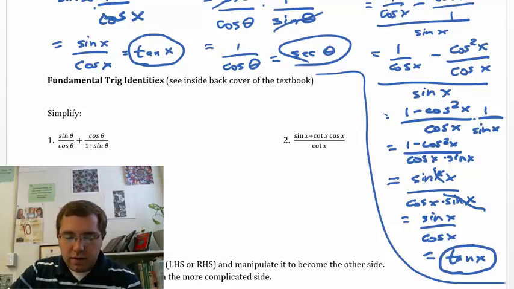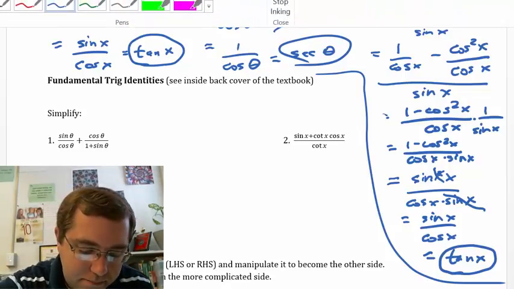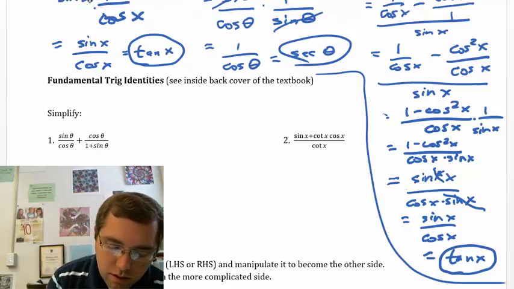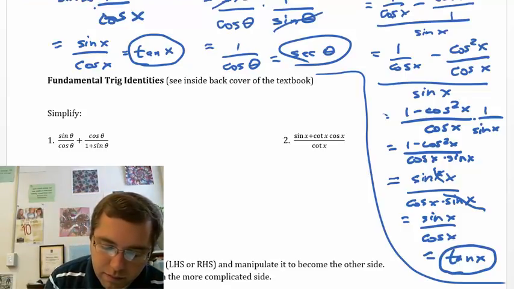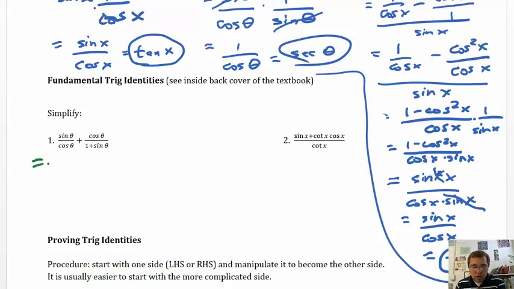Sine of theta over cosine of theta plus cosine of theta over 1 plus sine of theta. Well, what is the common denominator? It would be cosine of theta times 1 plus sine of theta.